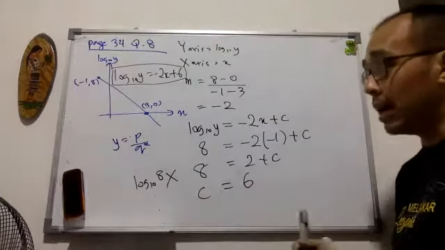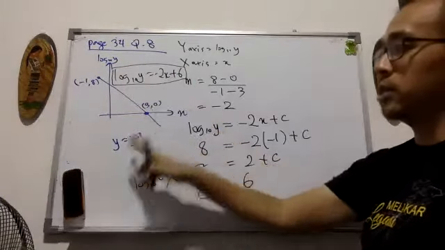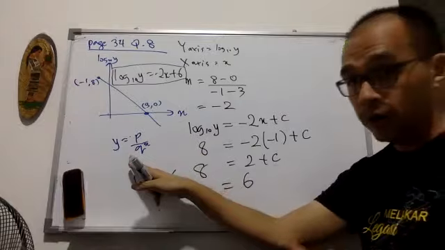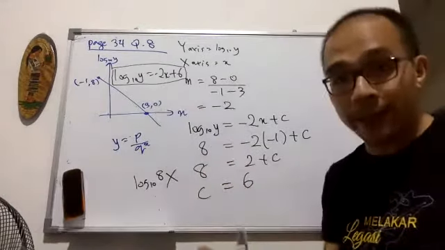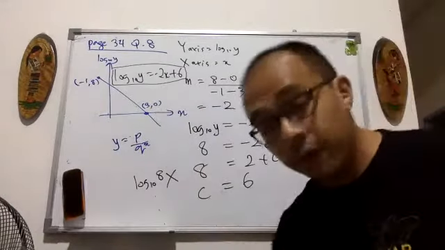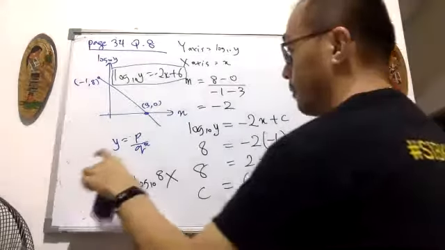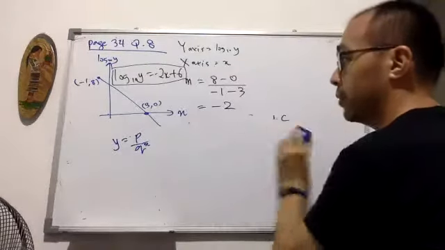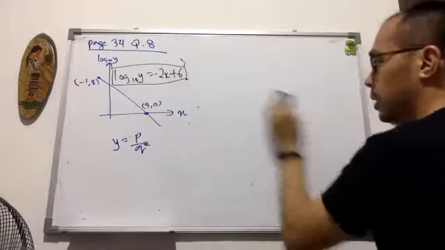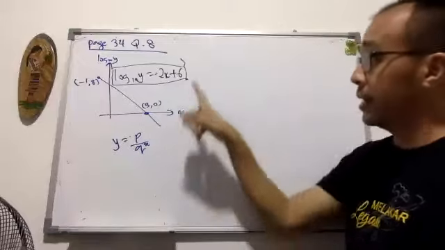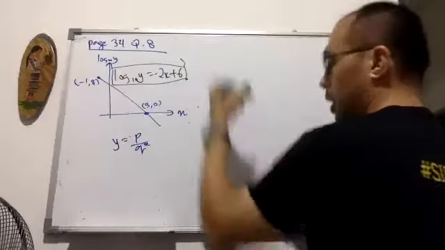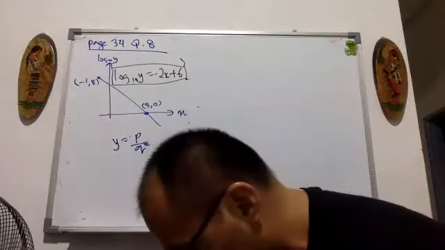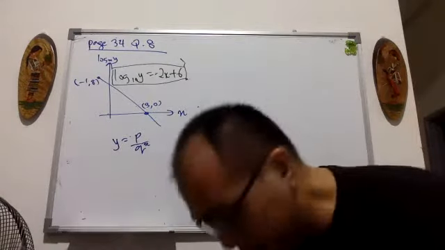But now we have to change this to become this, or we have to change this to become this. So I'm going to show you both methods, and whichever method is better for you, you use that method for yourself. I'm going to start with this, and we're going to change this into y. Okay, sorry, I'm going to use purple color for this.